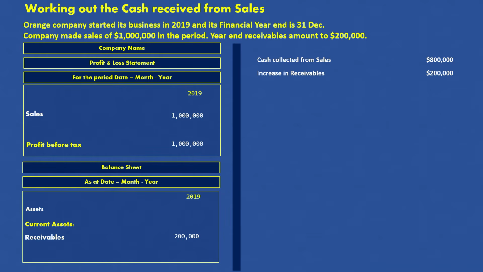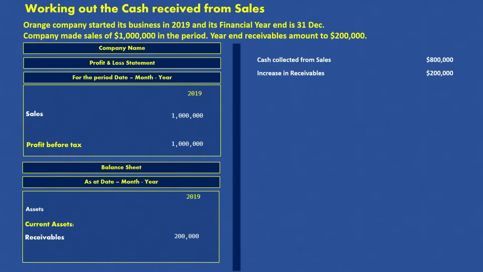I am talking about increase in receivables, this particular term, because this is going to get very important in a moment. And you can see, since this is my first year of business, the opening receivables must be zero. And from 0 to 200,000, there is an increase of $200,000.